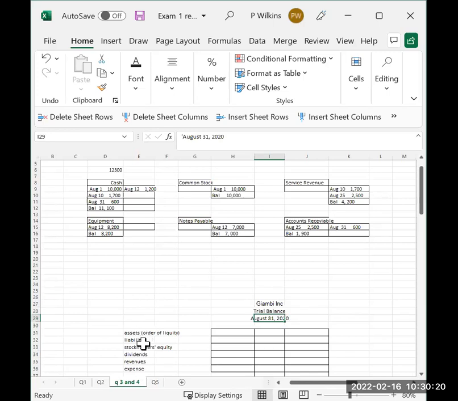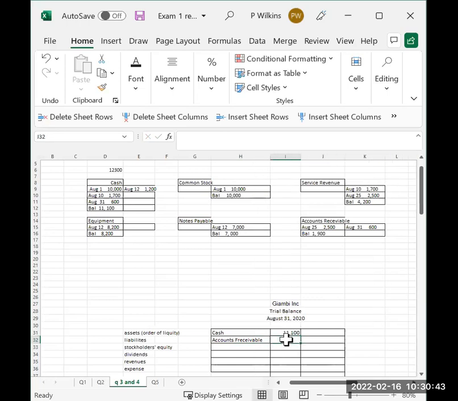And we do it in the order listed. So we do assets in order of liquidity. The first asset that always comes first is cash, and it's on the debit side. So we're going to do 11,100 in the first column. The next asset would be accounts receivable. I got to make that a little bigger. Accounts receivable has a debit balance of 1,900.